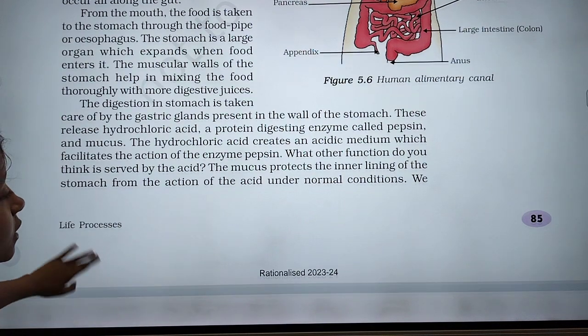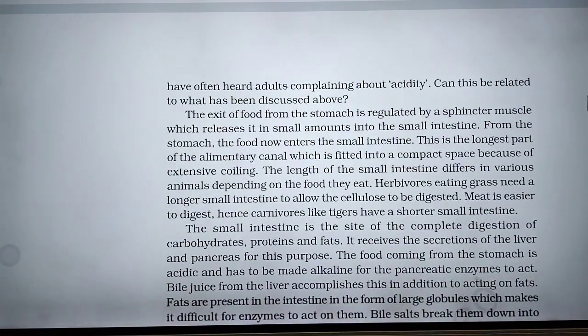We have often heard adults complaining about acidity. Can this be related to what has been discussed above? Yes, if the mucus does not work properly, then the acid affects the stomach.